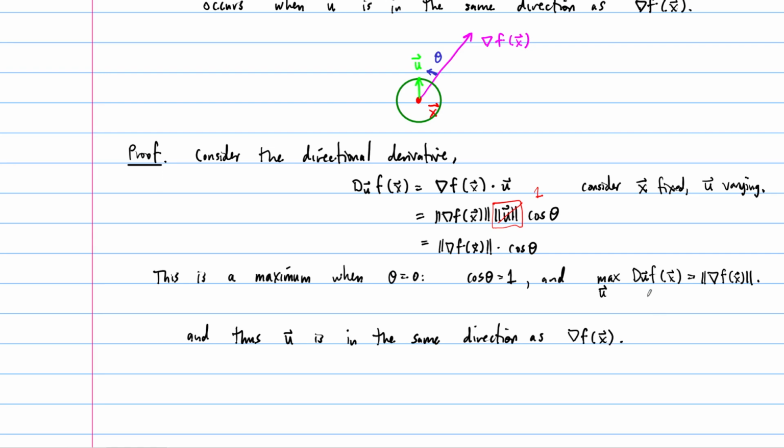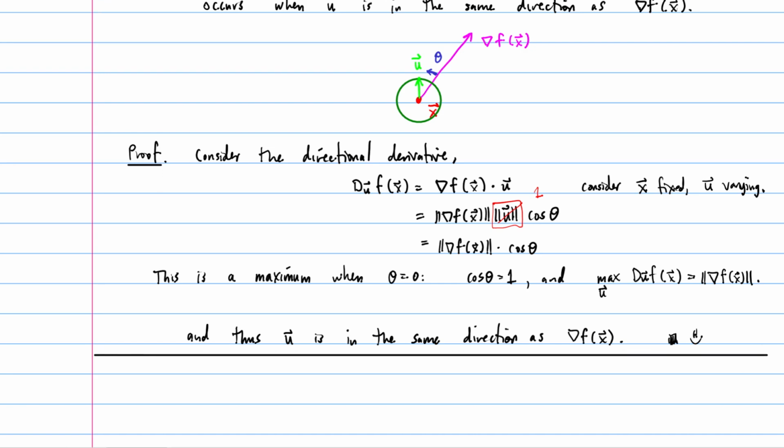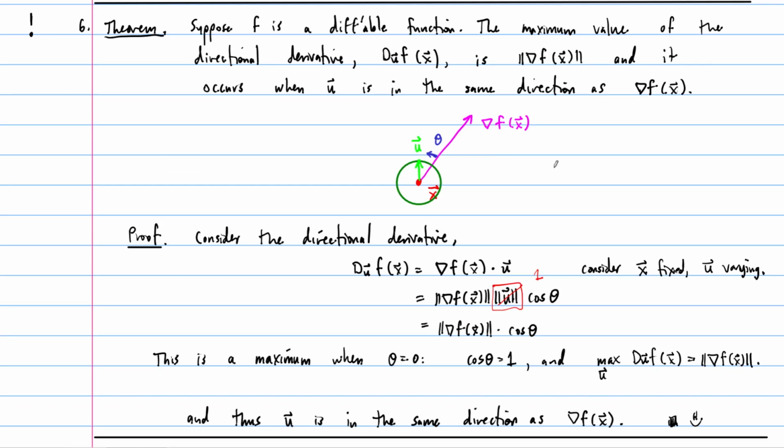Okay, so the gradient vector then has this very important geometric meaning. It gives us geometric information about the behavior of the function, and in some sense the behavior of the graph of the function at every point, right? So the gradient points in the direction that the surface of the graph is changing the most.